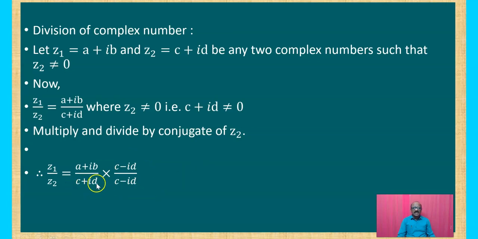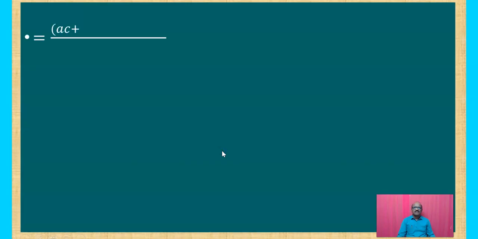Now what is c plus id into c minus id? That is c square minus i square d square, but i square is minus 1, and therefore overall it will become c square plus d square. See this here, a plus ib into c minus id. Now see this multiplication here. It's very simple. You can perform that multiplication also.